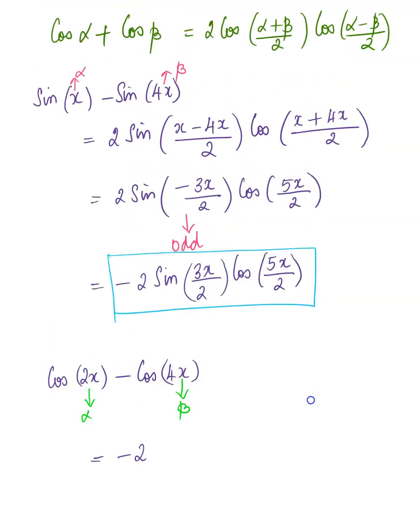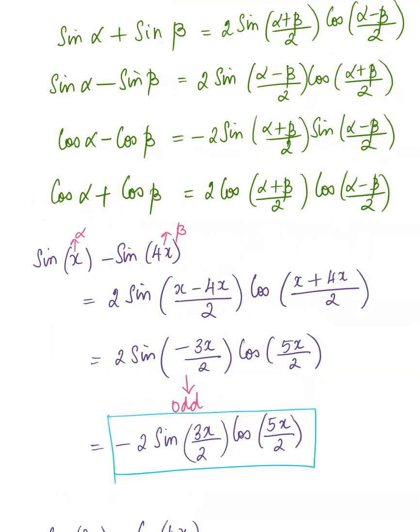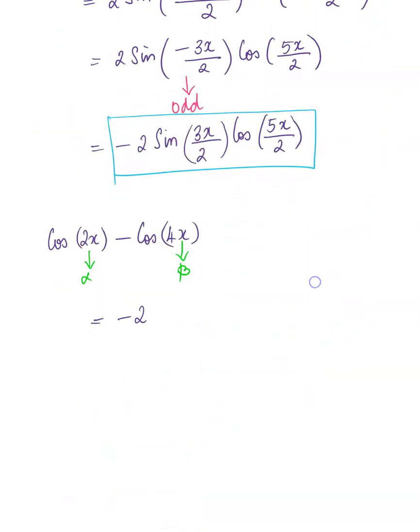Minus 2. The formula, this is the one that has a minus in it, right? So minus 2 sine of alpha plus beta over 2, so 2x plus 4x over 2, sine of alpha minus beta over 2.